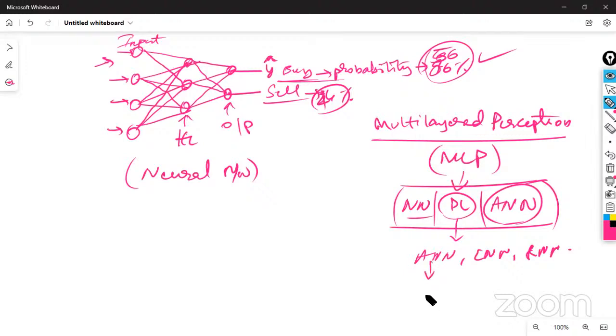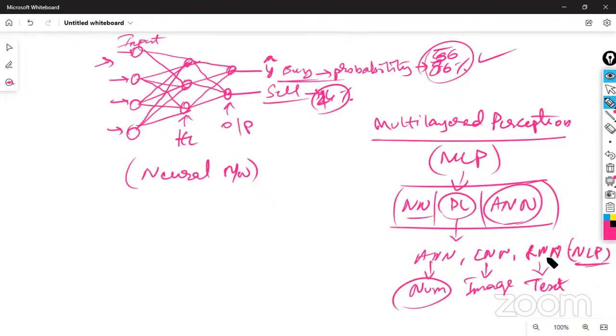So this is with respect to numerical data. And you will be having image data, and you will be having text data, where you will be having the NLP concept, that is natural language processing.